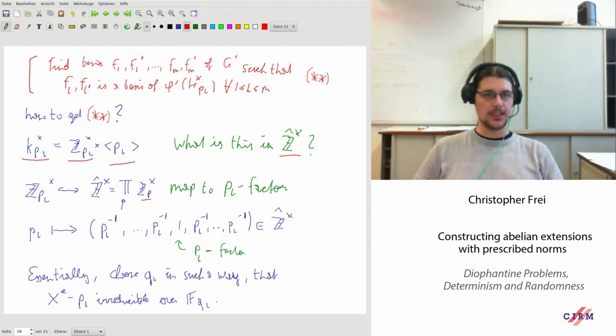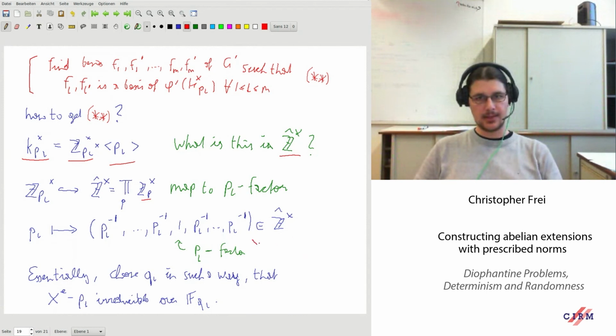So I can multiply this, for example, by PL inverse, and then this here. So PL inverse, and 1 as the PL factor, PL inverse, and so on.